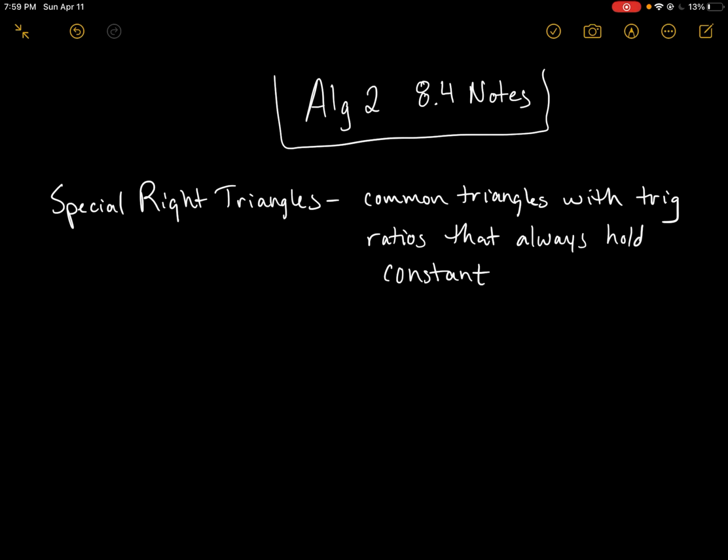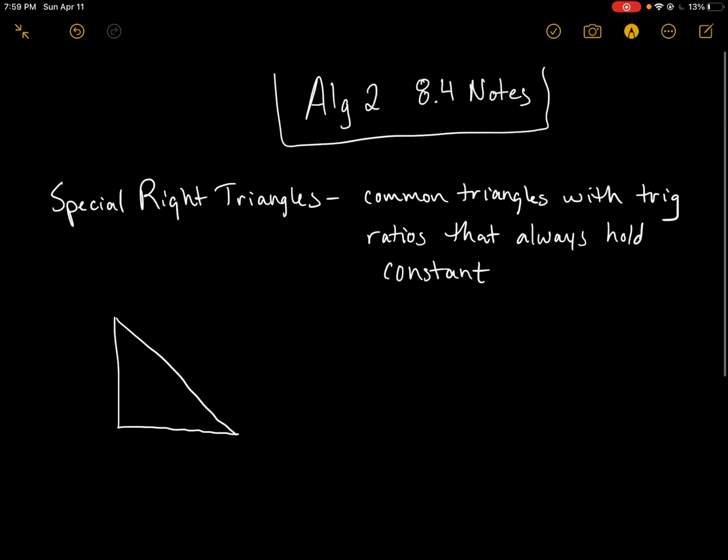And there's two of them. So if you see these angles or these triangles, you'll know that their sides hold a steady relationship no matter what. If you've ever seen me come up with an example at my board really quickly, this is what I use. There's no fancy math going on in my head. It's just a quick thing that you can memorize to help you create or solve ratios and triangles.